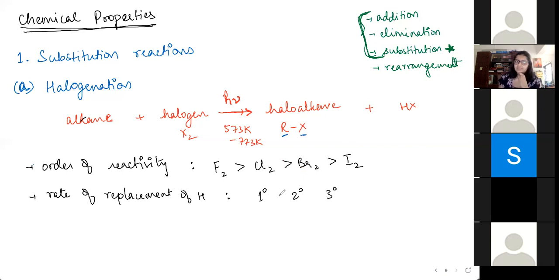No. Tertiary will be the quickest, followed by secondary, followed by primary. Why? Once I get into the mechanism of it, it'll start making sense. I'll just write it for uniformity's sake. Tertiary first.